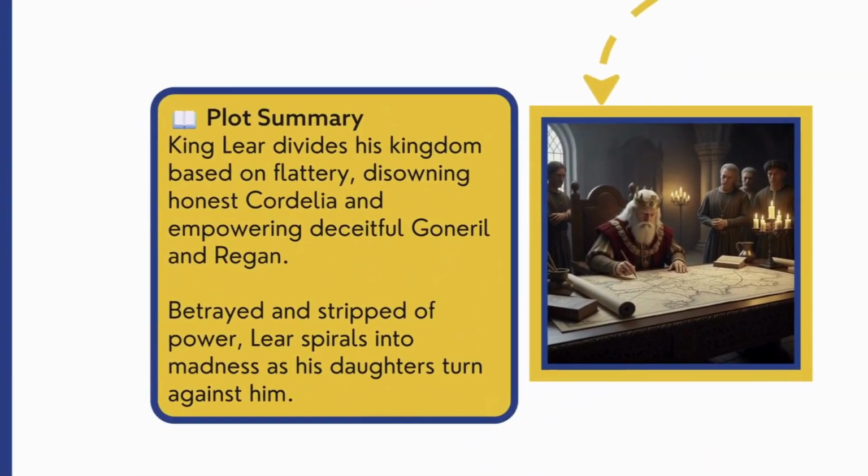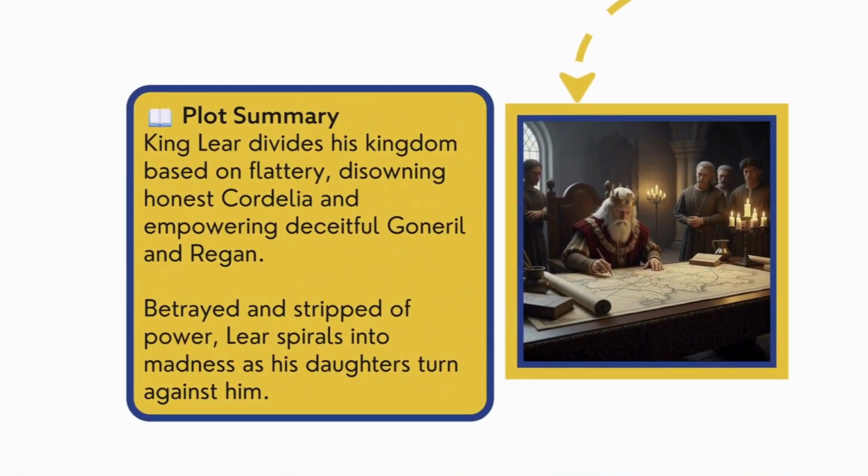Now, in terms of a plot summary, King Lear, as we can see in the picture, divides his kingdom up. He's getting old and he decides that he's going to divide his kingdom. But he doesn't make the right decision about who to leave the kingdom to. So he bases his political decisions on things like flattery, disowning an honest daughter of his, Cordelia, and empowering deceitful daughters called Goneril and Regan.